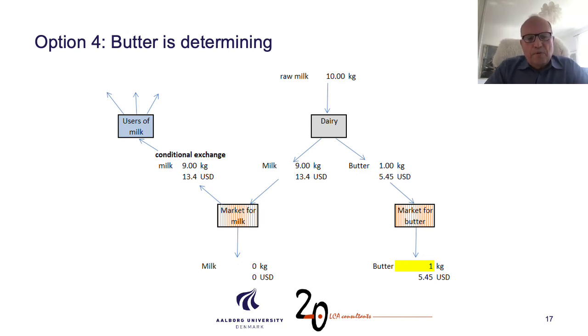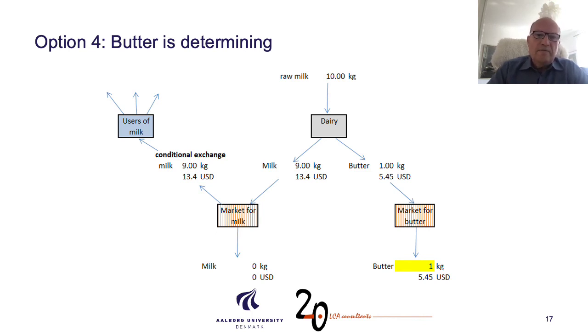Finally, the option 4, that butter is determining. That would mean that the full 1 kilogram of butter would come out of the dairy, requiring an input of raw milk of 10 kilograms and an additional output of 9 kilograms of milk.